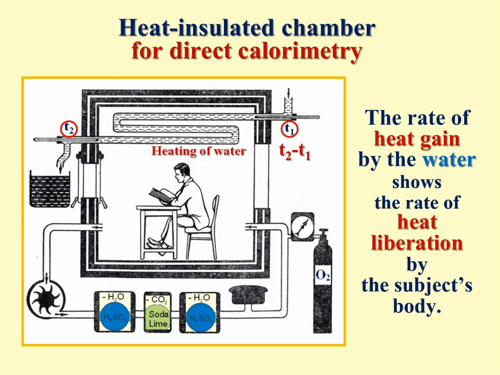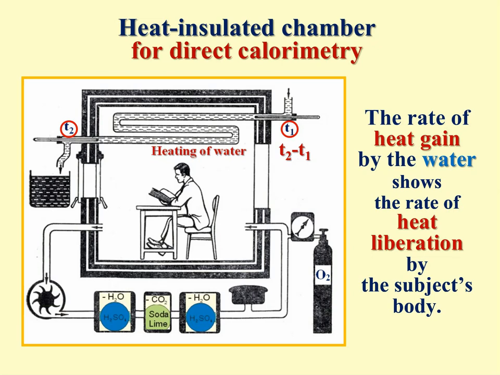Also, we can notice here that the oxygen supply is constant, because you understand the heat-insulated chamber does not allow entering of external air. So with breathing of the tested person, gradually oxygen would decrease, and CO2 with water vapors would increase. But to avoid this, the oxygen supply is constant, corresponding to the velocity of usage of this oxygen.